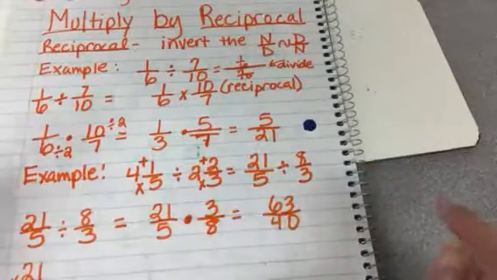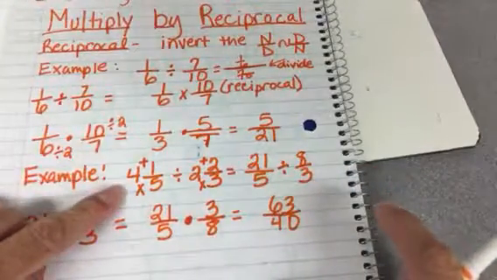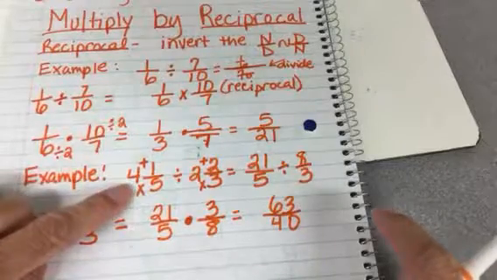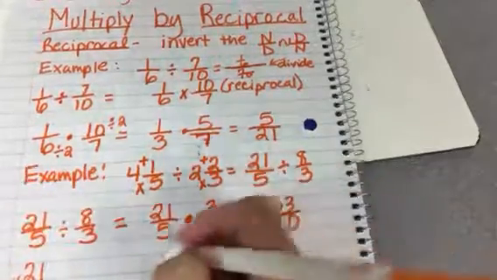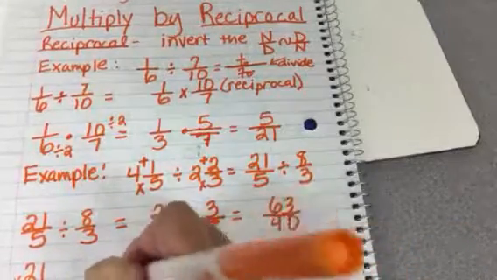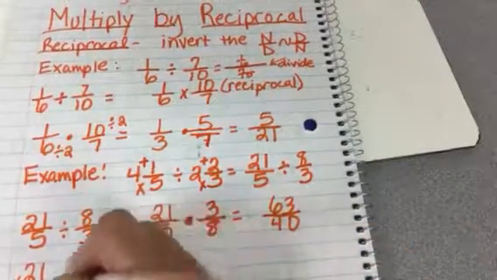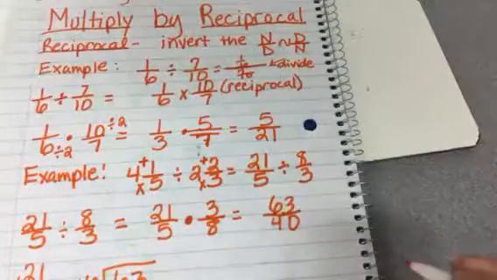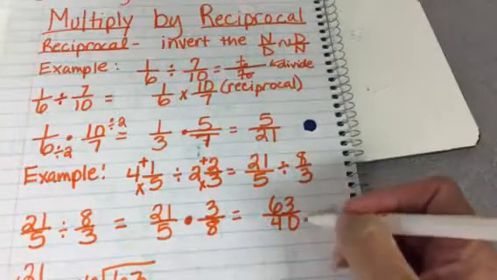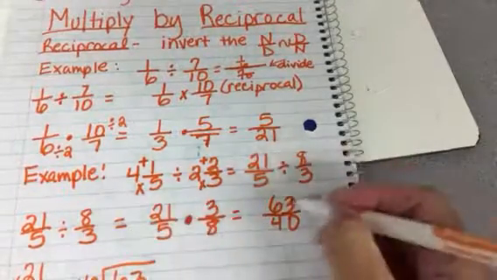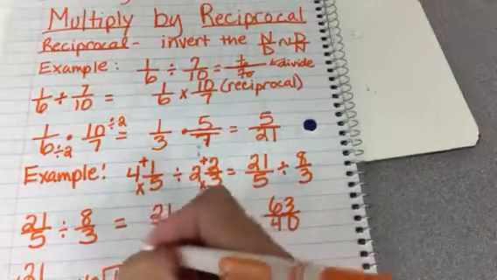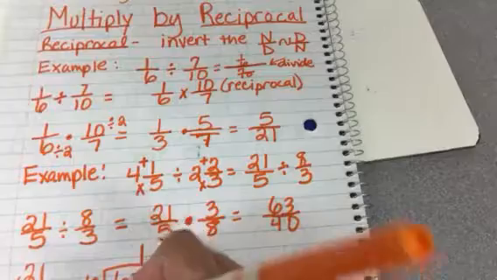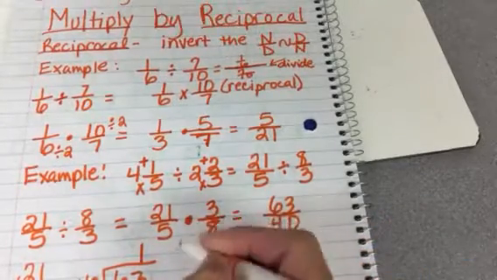Now, because my question started off in a mixed number fashion, I'm going to go back and leave my answer as a mixed number. So I have to divide 63 divided by 40. Okay, top number always goes inside the box. You divide the numerator divided by the denominator. 40 goes into 63 one time. 40 times 1 is 40.